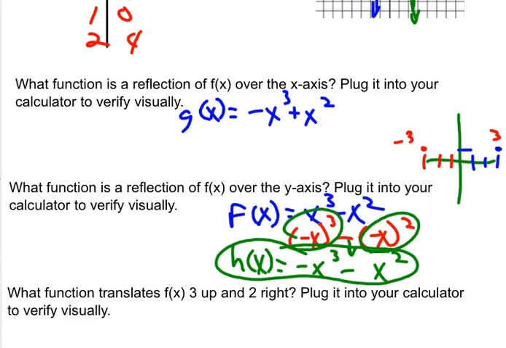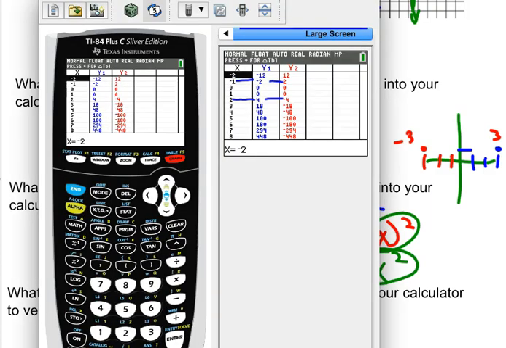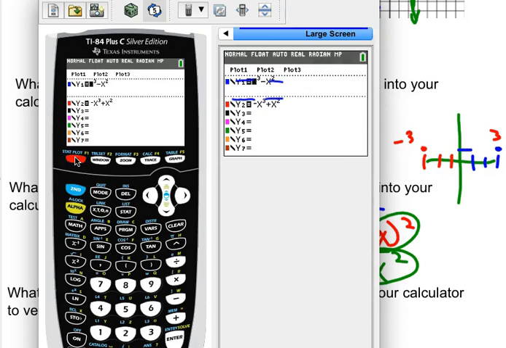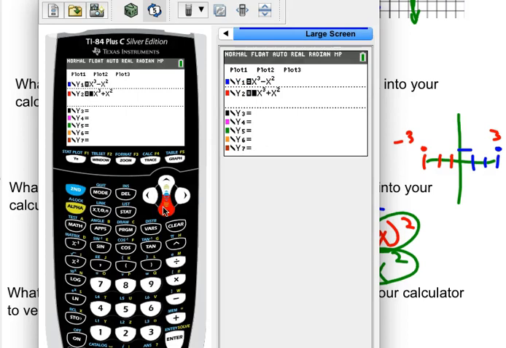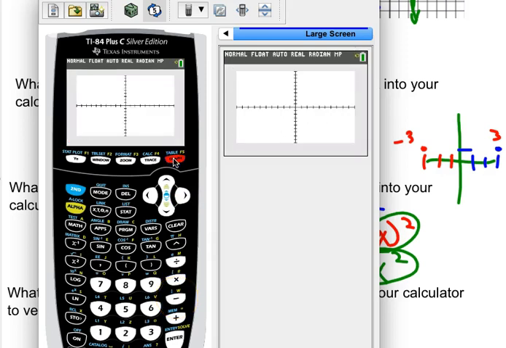Let's see if it worked. Equals. So it's -x cubed. I'm thinking it's minus x squared. Okay, let's just look at the graph and see if that has a line of symmetry of x equals 0, which is the y-axis.